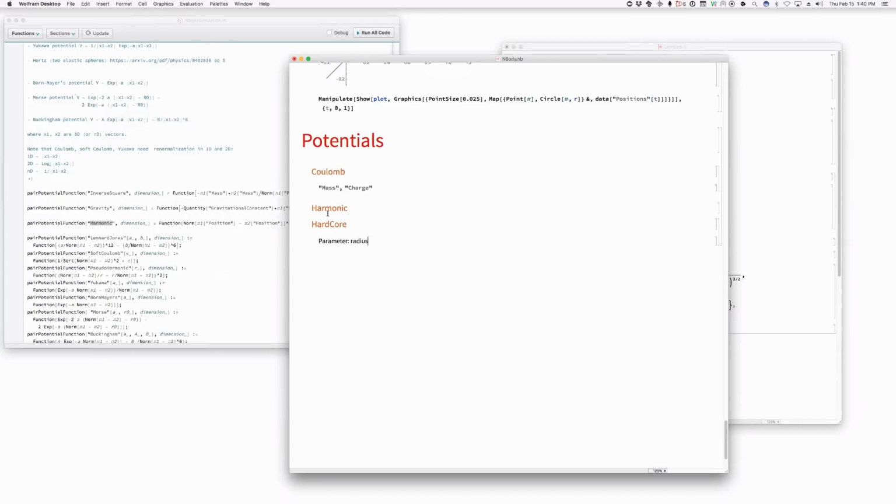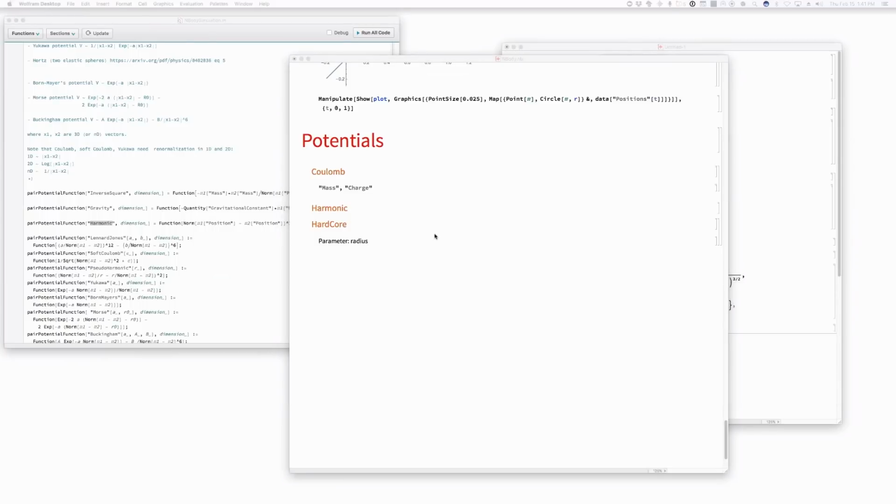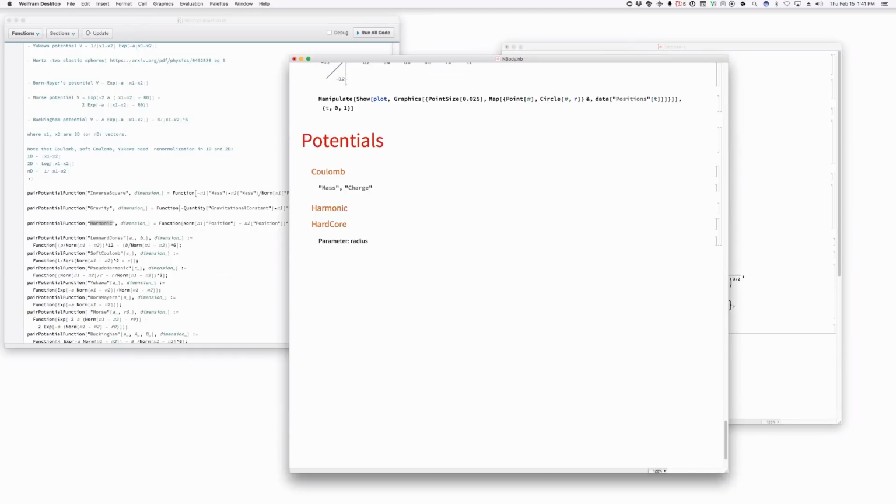Don't we have to say hard sphere or hard disk or something, because it matters that it's not things shaped like triangles or something? Nothing wrong with hard sphere, but the typical name is hard core. Is it? I think so. Let's look it up. So it's got a parameter of radius.